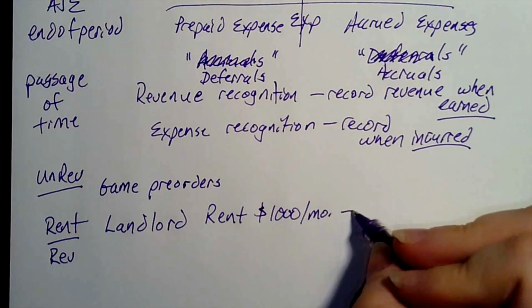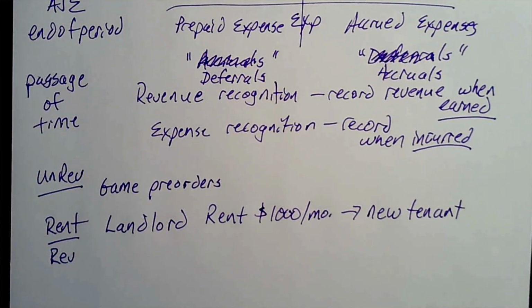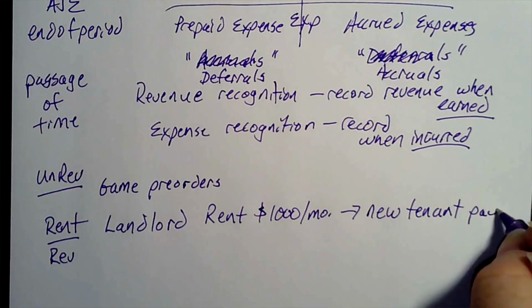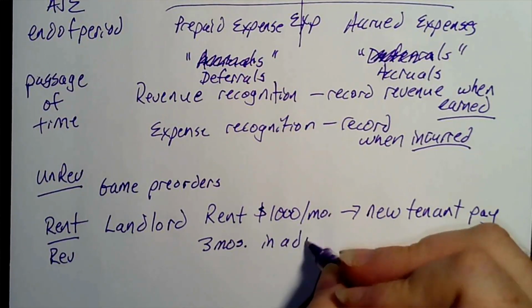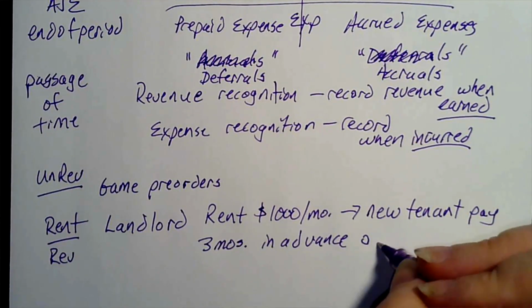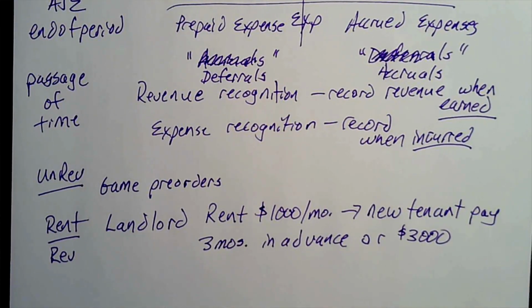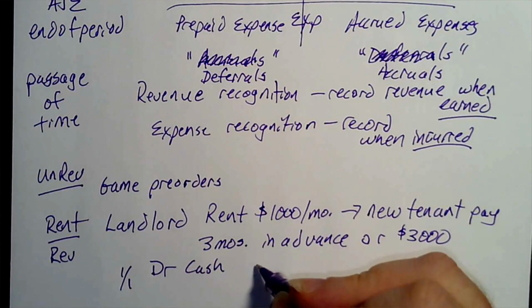And the new tenant, maybe because they don't have a good credit history, or just because they have to, pays 3 months in advance, or $3,000. And let's say this happens January 1st. So we're the landlord, we rent out the space on January 1st, and we receive $3,000 in cash.